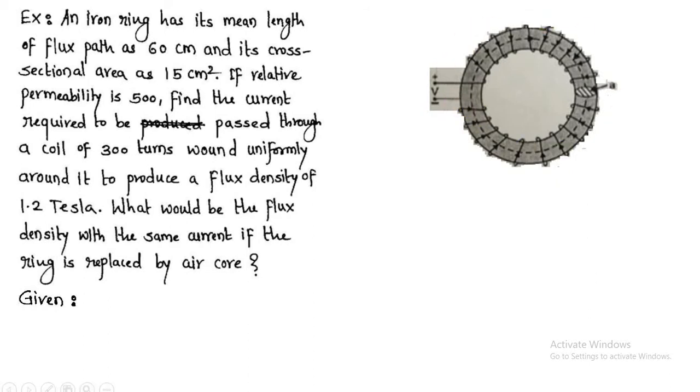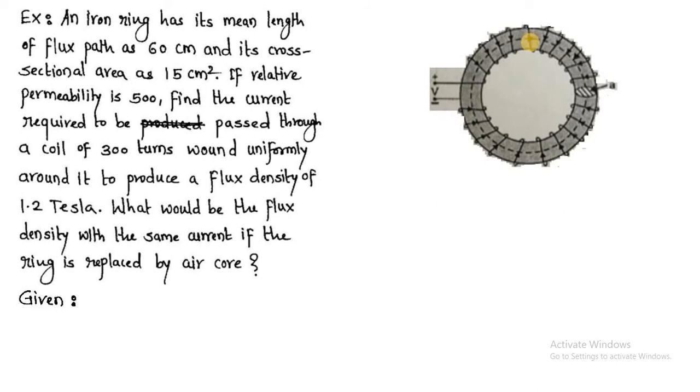So for this given data, we are supposed to find the value of current flowing through the coil, the current which provides a flux density of 1.2 Tesla. And then in the second part, we will find the flux density if the same current from case number 1 passes through the coil, but the coil will not have any supporting structure, like the iron ring we are removing.